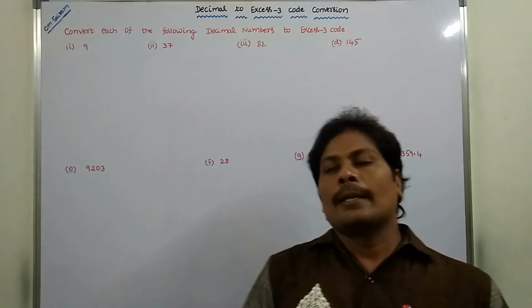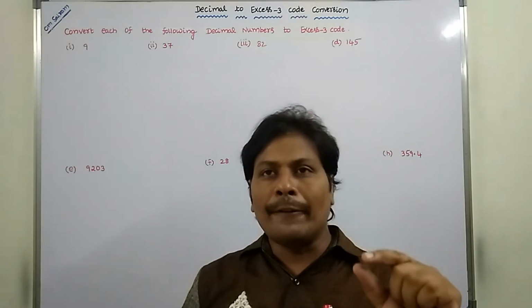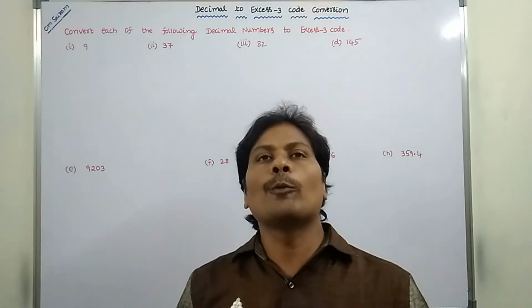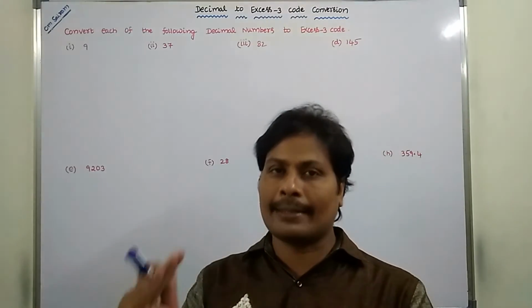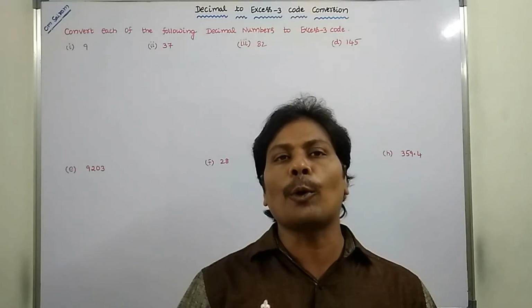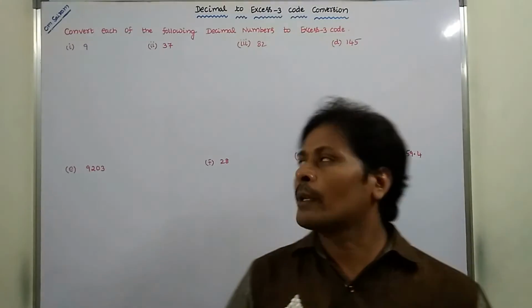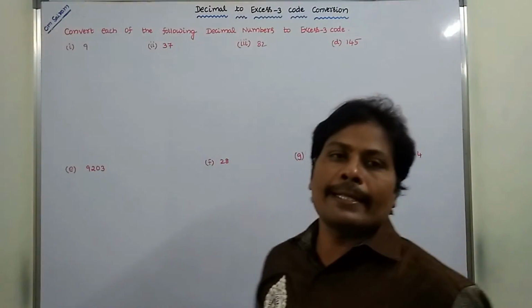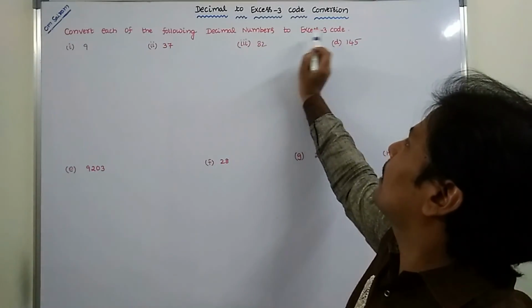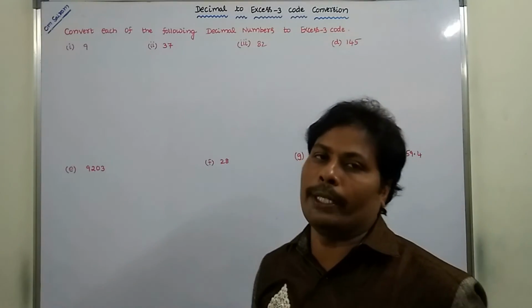Okay, so now we go for an example: convert each of the following decimal numbers to excess-3 code.